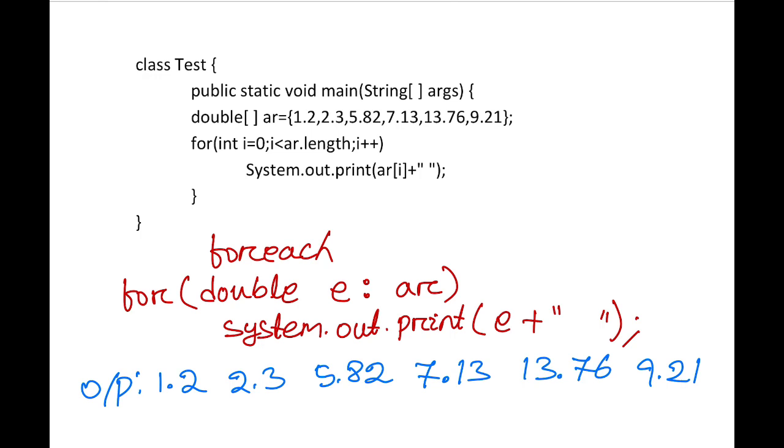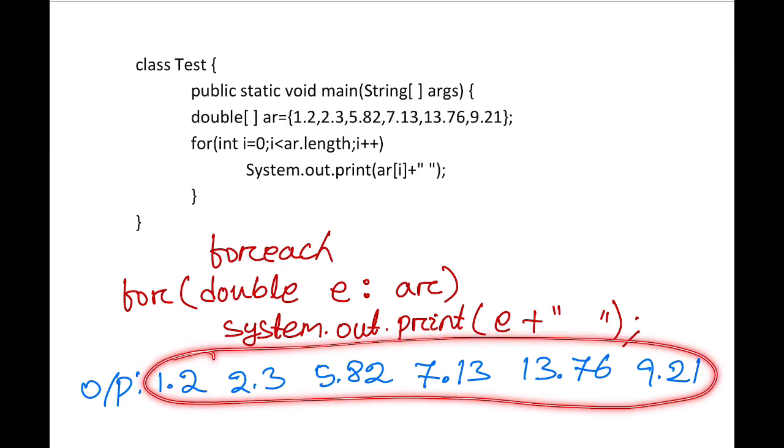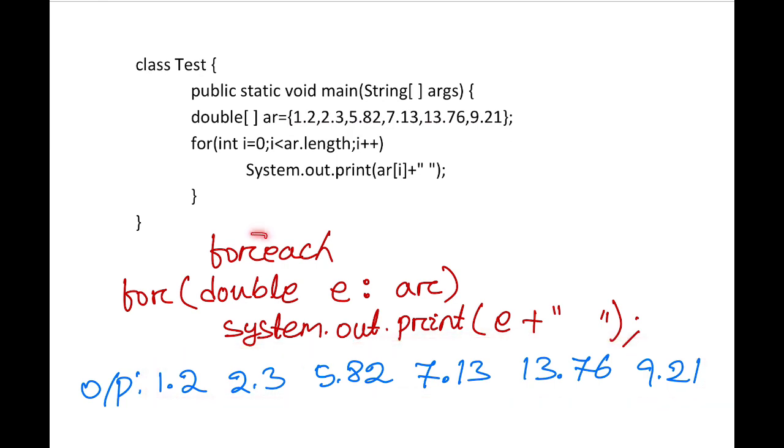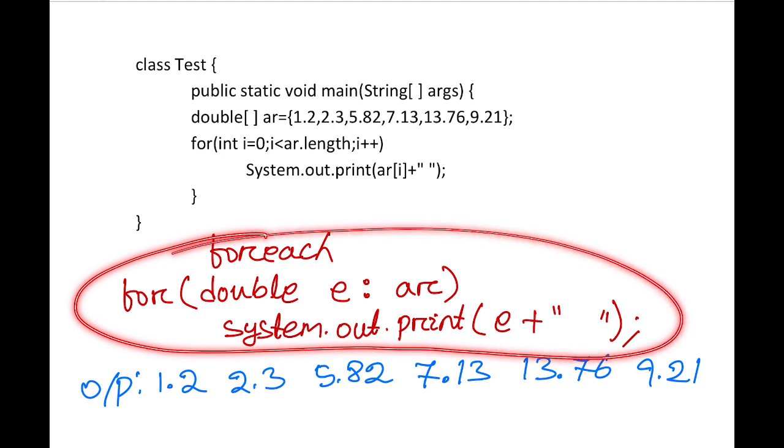So it is going to print all the elements in array AR sequentially, and this loop is called as for each loop.